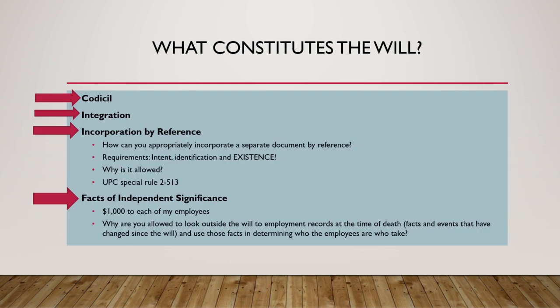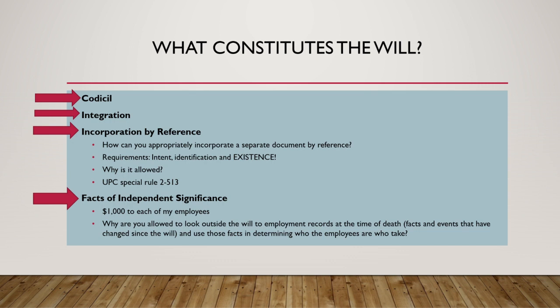All right, this section, which is the last section that will be covered on the midterm, deals with what makes up the will. So if you have a will and a codicil, what makes up the will is both the will and the codicil. How, under integration, do we have all 5 pages of a 5-page will constitute the will when the formalities are only on the 5th page?